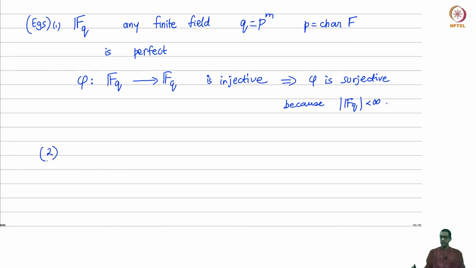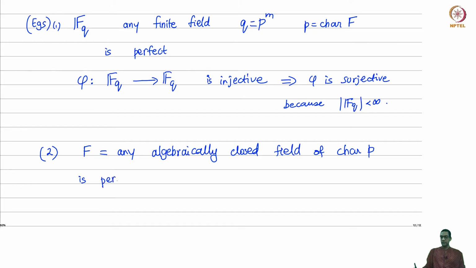Well, what are other examples of infinite fields which are necessarily perfect? Well, you can take algebraically closed fields. So here's the second example. Suppose F is any algebraically closed field of some finite characteristic, let's say characteristic p, then this is automatically perfect. Why?